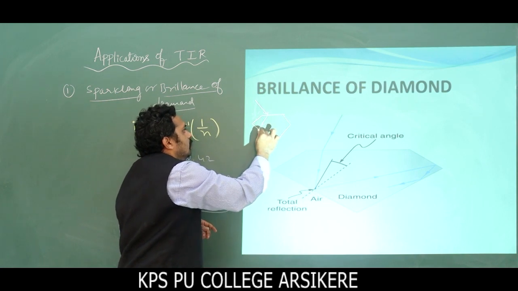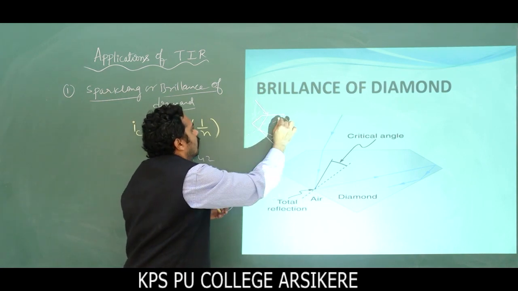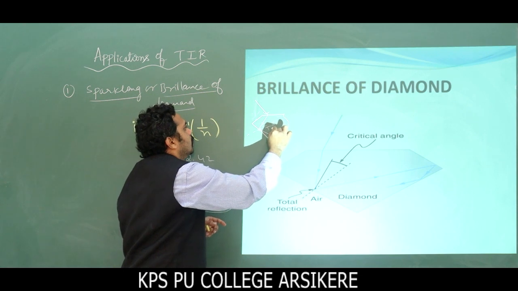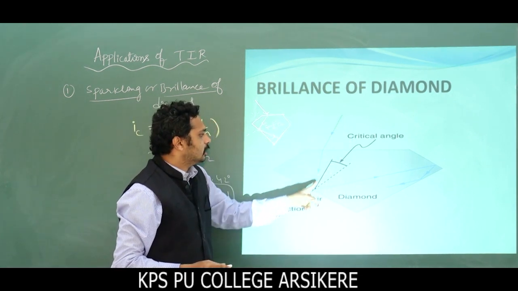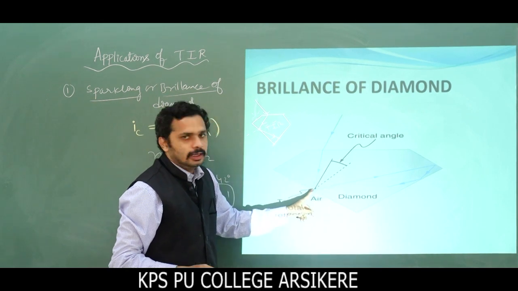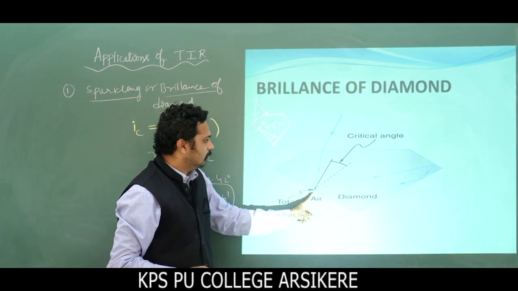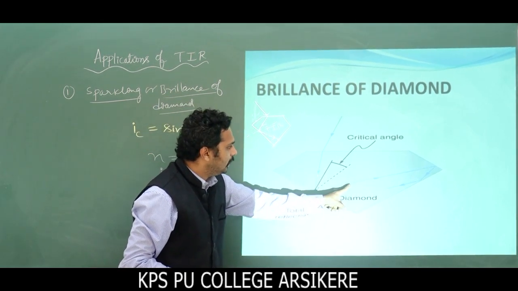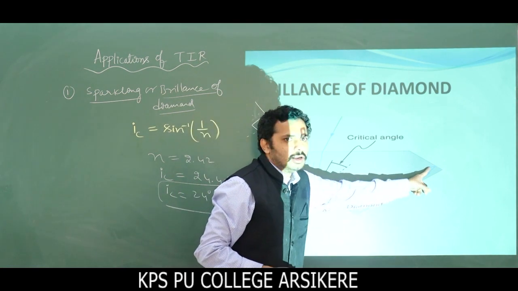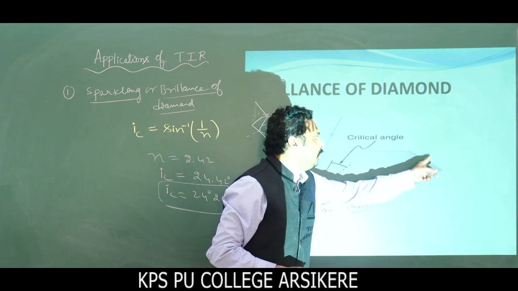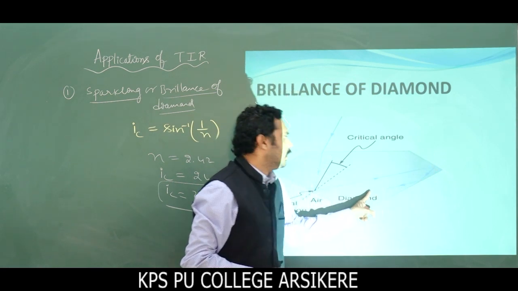Look at here, the light enters the diamond and inside it there is complete reflection. After TIR, once again it falls on the surface of the diamond and once again it undergoes TIR.